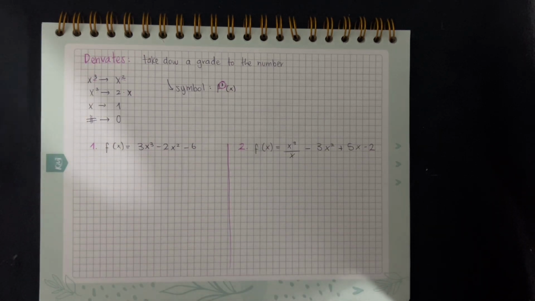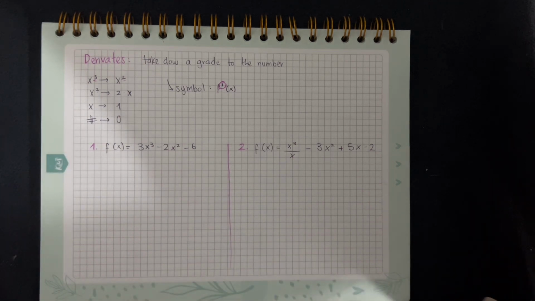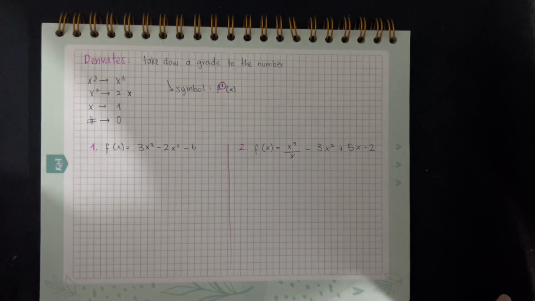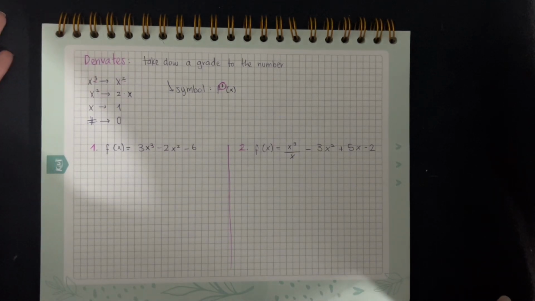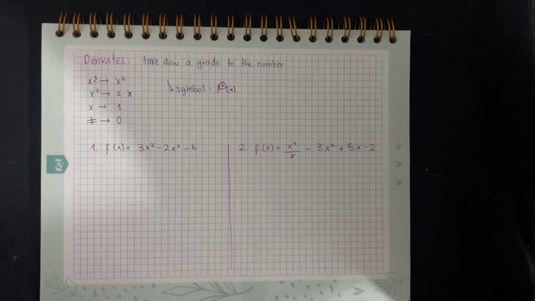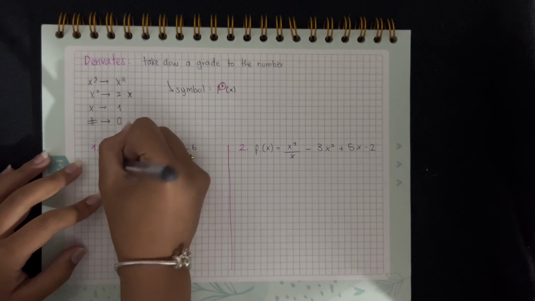In the first case, we see that there is f of x equals 3x cubed minus 2x squared minus 6. This is very simple, and as we already have these key items, we can do it easily and fast. This will be f prime of x.